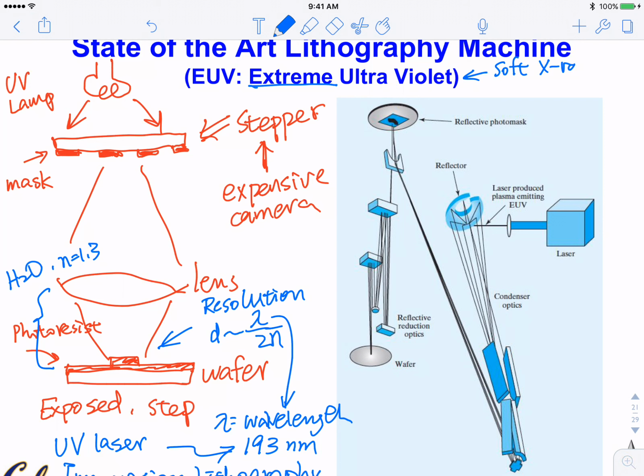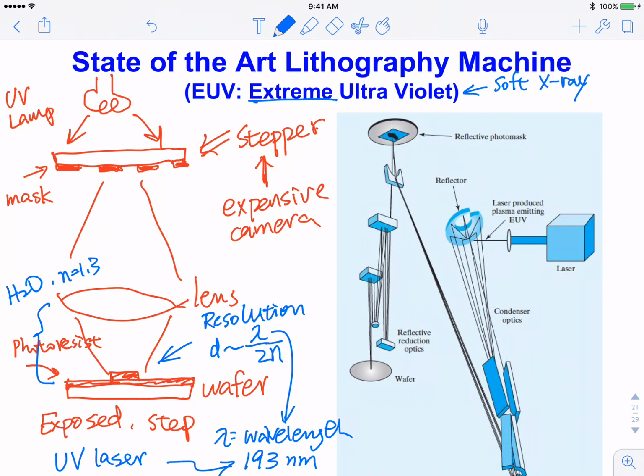Now, X-ray raises a lot of alarms, right? X-ray is radiation, and it scares people away. So the industry figured out that if they call it EUV rather than X-ray, it's easier to gain acceptance. The wavelength is 13 nanometer. That's really an order of magnitude shorter than UV. It is really an X-ray.